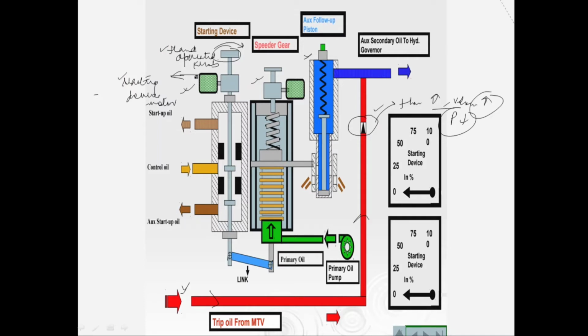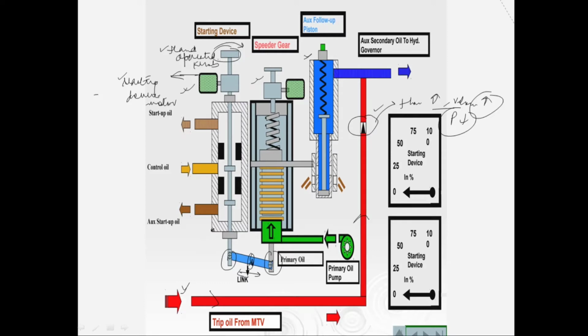These two do the same work. In this picture you can see that inside this casing there is a spool piece, connected to the starting device motor and wheel arrangement, and at the bottom, through this pivot, it is linked to the speeder gear through a linkage. See the first condition, when the turbine has been tripped. The condition is like this.